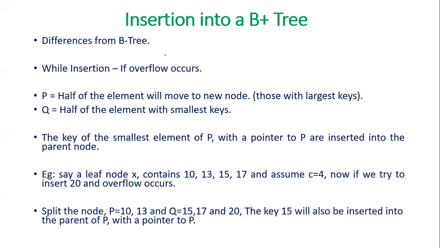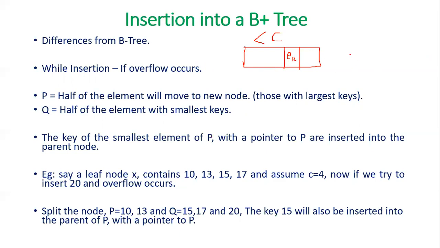Now when you insert the new element into the leaf node, two things may happen. If the leaf node already contains elements less than its capacity, then no issue. You can just insert the new element at the appropriate location, or after inserting you can sort it. That's it, done.